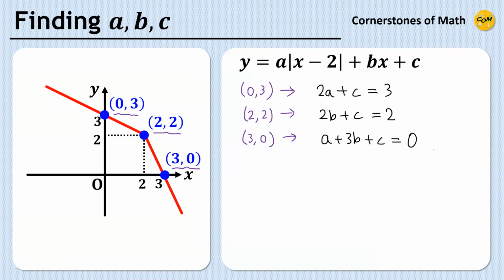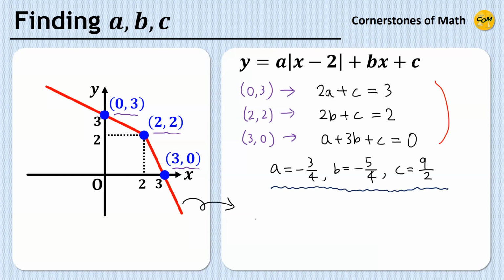So we have 3 unknowns and 3 equations. Solving this system of equations gives a equals minus 3 over 4, b equals minus 5 over 4, and c equals 9 over 2.